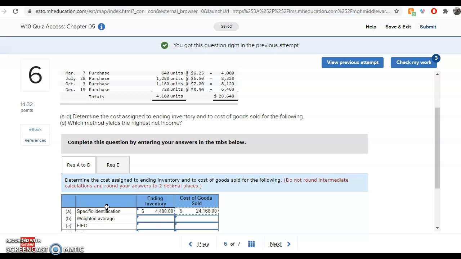That's our cost of goods sold for specific identification.